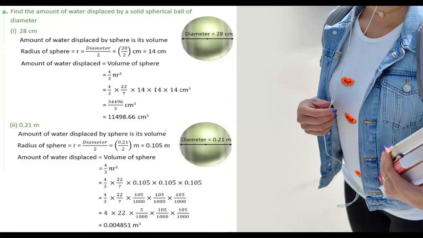Now the amount of water displaced is equal to the volume of the sphere, that is 4/3 pi r cube. Now again here substituting the value of pi as 22/7 and r as 0.105, and by solving we get 0.004851 meter cube.